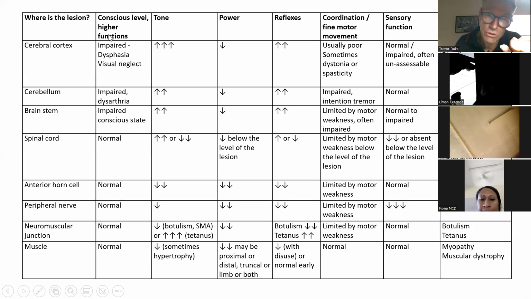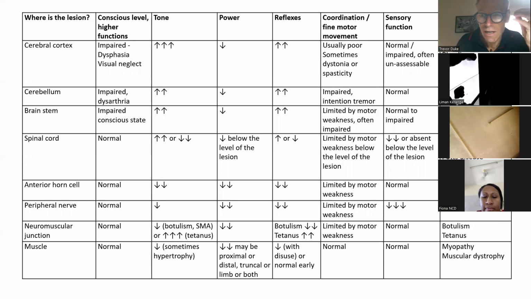And on the top are the different types of problems you can get there: whether the patient has normal higher functions, whether they are alert and interactive or not, what their tone is, what their power is, what their reflexes are, what their sensation is, what their function is, and what possible diagnoses there are.